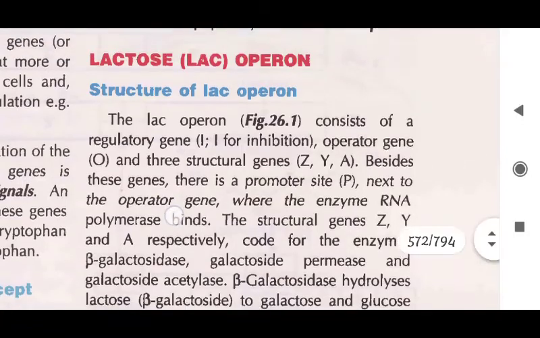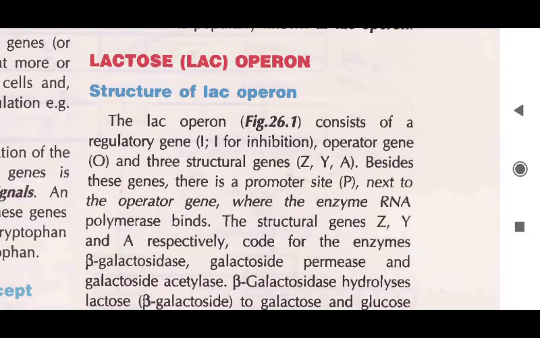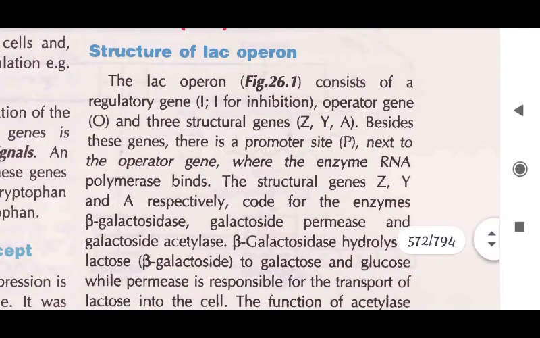So we are now talking about the lactose operon. The lac operon, or lactose operon, consists of a regulatory gene, which has been given in the figure as I for inhibition.